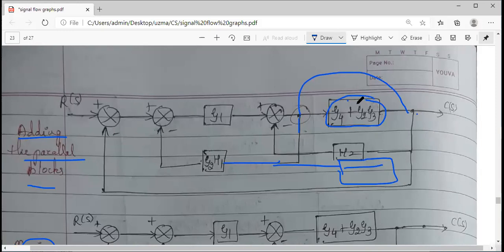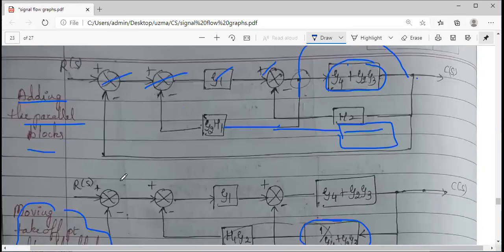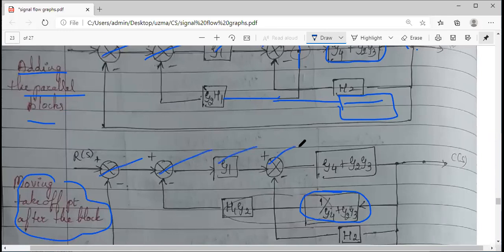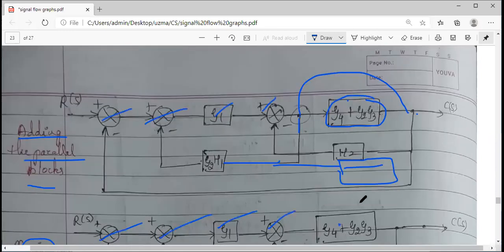That is the moving of the takeoff point after the block. So when I do that, you can see remaining all parts I have drawn as it is. Only this also as it is. Whatever this line, it has got H1 into G2.